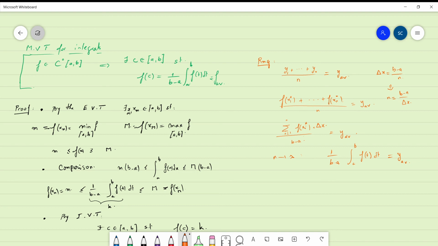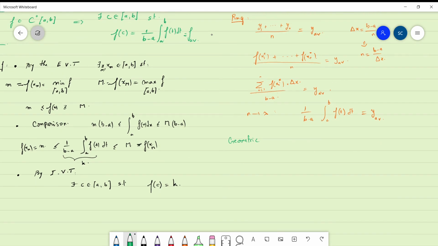Now there is a geometric interpretation of this theorem. We can write the equality differently. We are saying that the integral from a to b of f(t) dt is equal to (b minus a) times f(c).